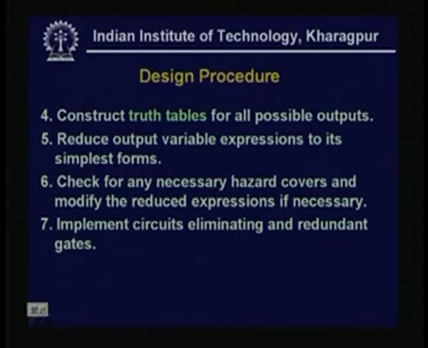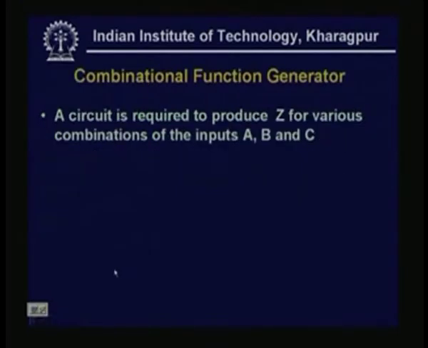So, we will modify the reduced expression if necessary, means if the hazards are there. Now, we have a set of reduced equations and then implement the circuits eliminating redundant gates. So, this is overall the simple design procedure. Now, one by one we will see.